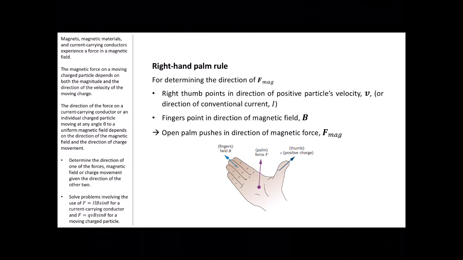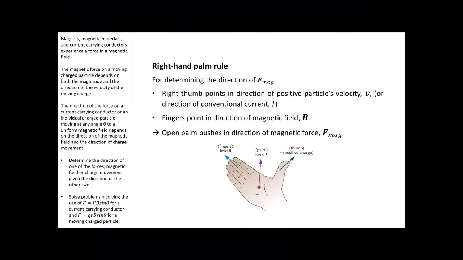In order to determine the direction of the magnetic force, we use the right hand palm rule. For determining the direction of a magnetic field around a wire, we use the right hand rule. This one's slightly different. It's called the right hand palm rule, and this is for determining the direction of a magnetic force.